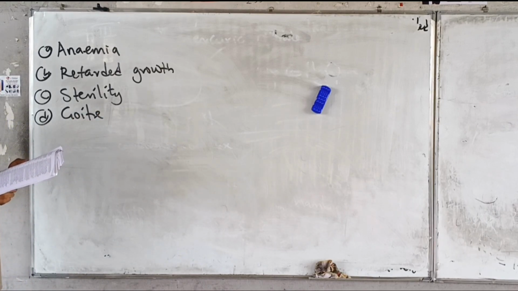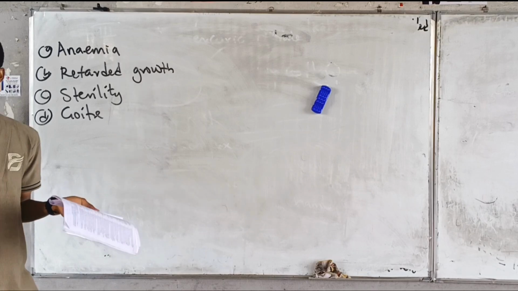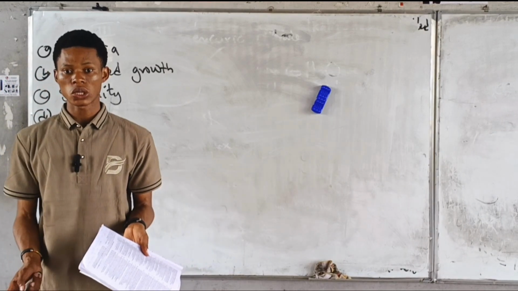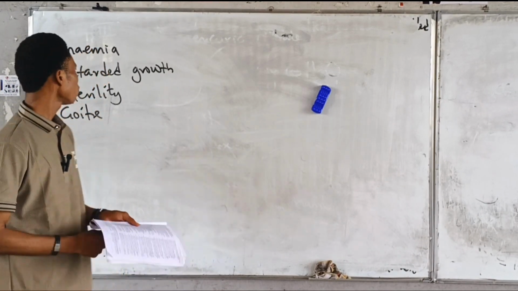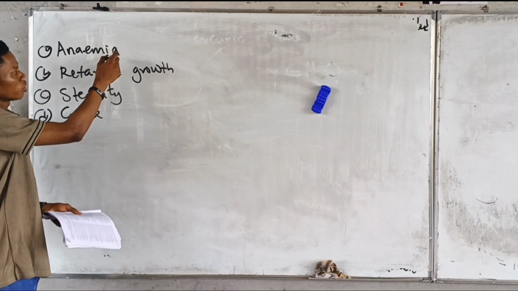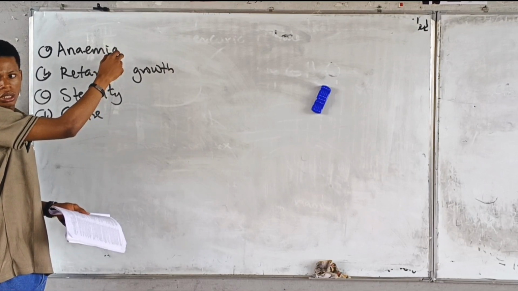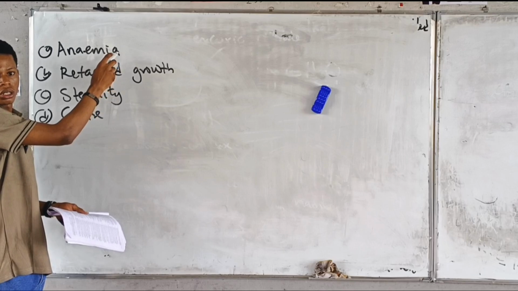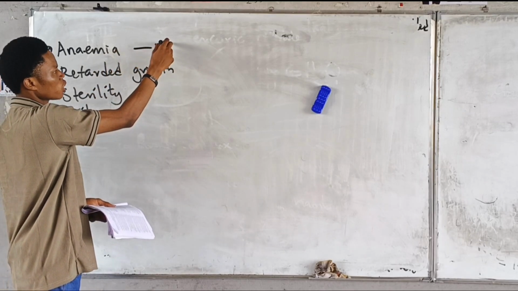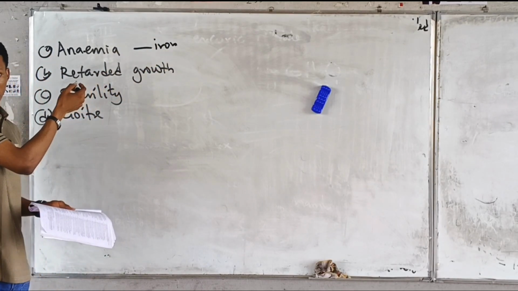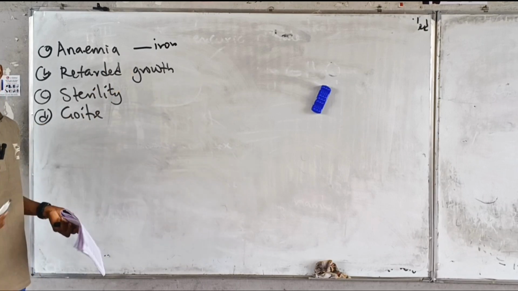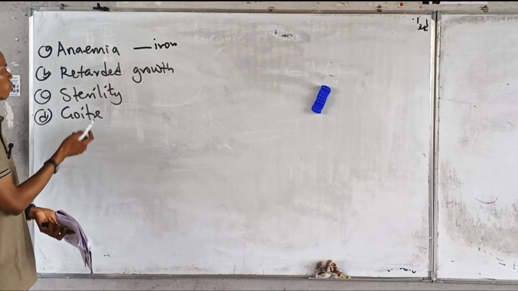If calcium is deficient, we already know that calcium is for strong bones and teeth, right? But if it is deficient, will it cause anemia? A deficiency of what can cause anemia? If iron is deficient, it can cause anemia, right? Because iron is part of the hemoglobin, red blood cell.